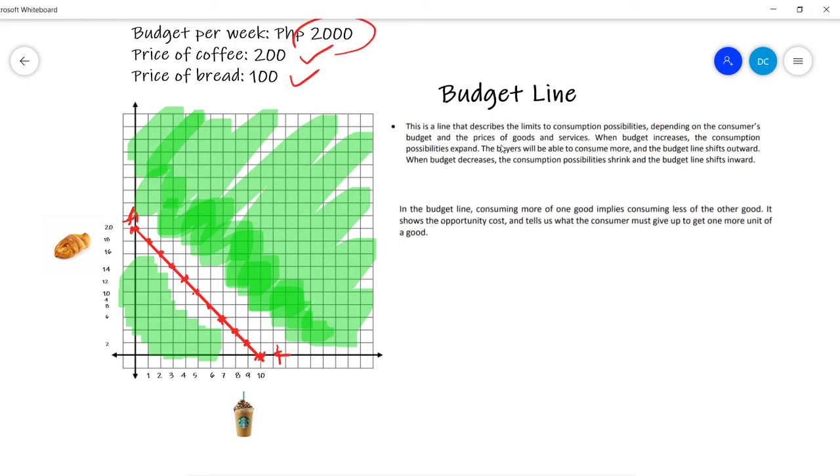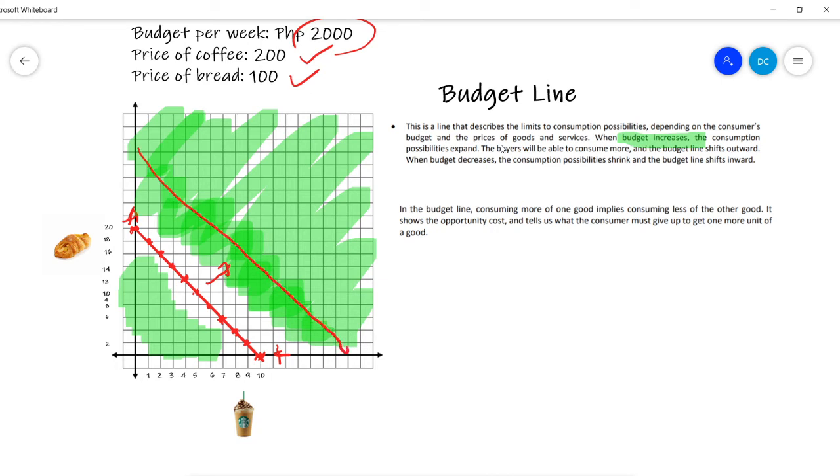Now, here's the question. What will happen to the budget line if nadagdagan yung budget ko per week ng additional 2,000 pesos? What will happen if there is a change in income? Remember that when the budget increases, the consumption possibilities expand. Meaning, this budget line can shift to the right.